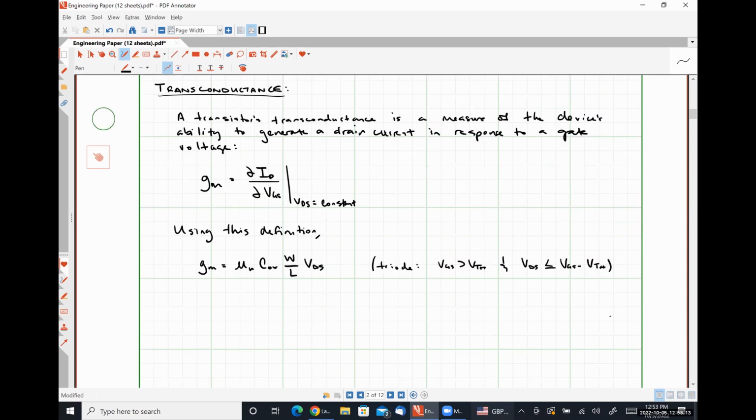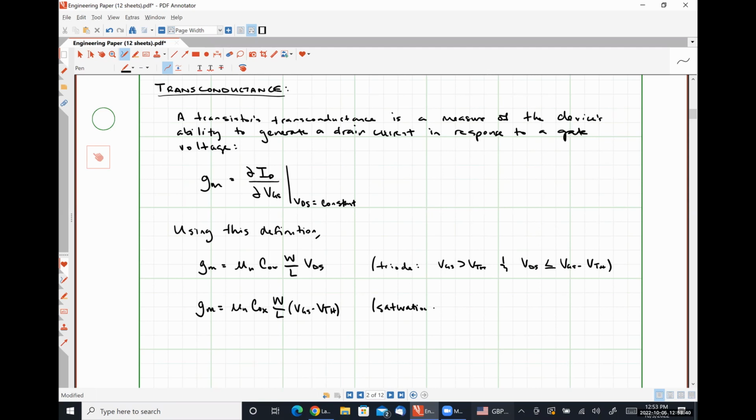And it comes out to be GM is equal to mu n Cox W over L times VGS minus VTH for saturation.